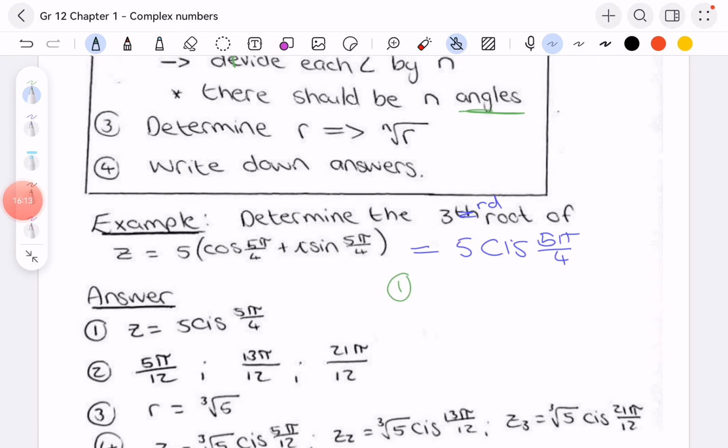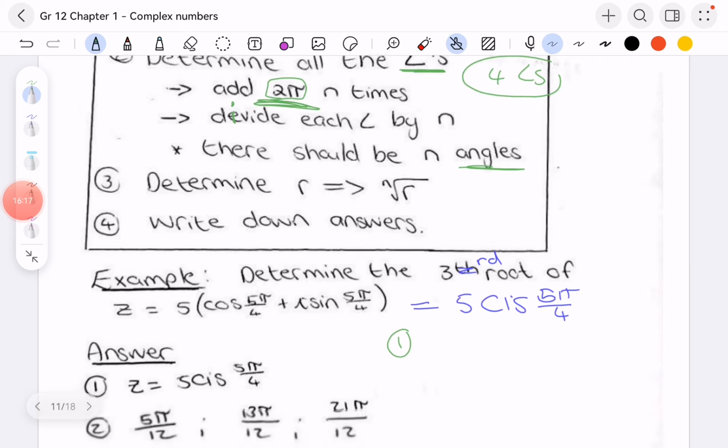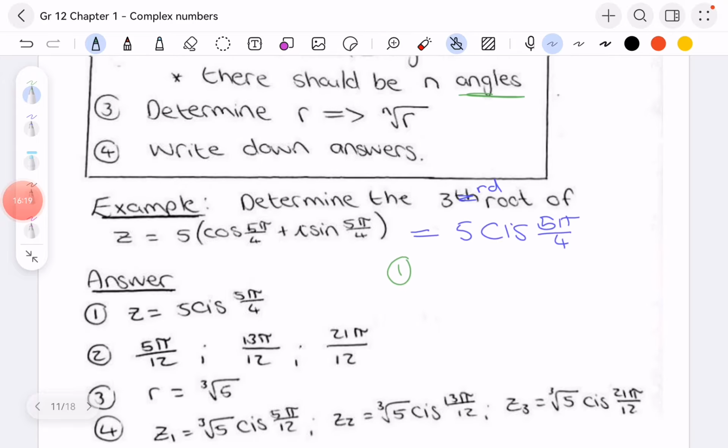So step 1, I need to determine all my angles. My first angle would be 5 pi over 4. My second angle would be 5 pi over 4 plus 2 pi, because I'm adding 360 degrees, I'm adding 2 pi, so you're going to get 13 pi over 4.